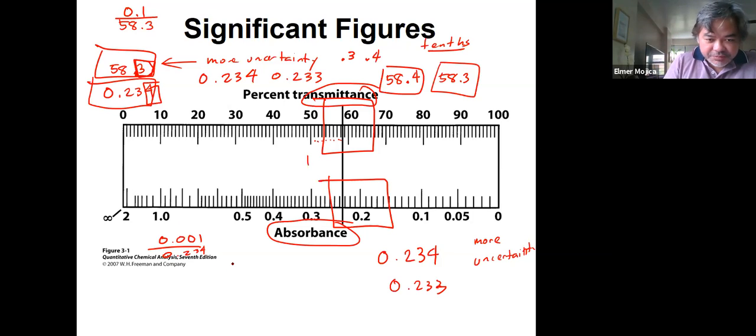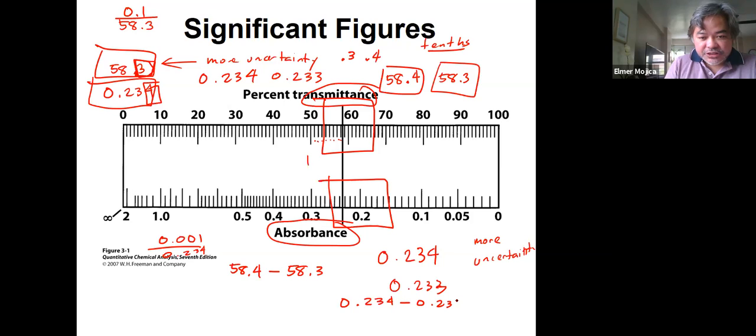So if you look at the difference, 58.4 minus, let's say, 58.3, and then 0.234 minus 0.233. So which will give you a greater error? That's how they determine which has more uncertainty. There's something to do also with how close the values are, 58.3 and then 58.4 compared to this one. Okay.